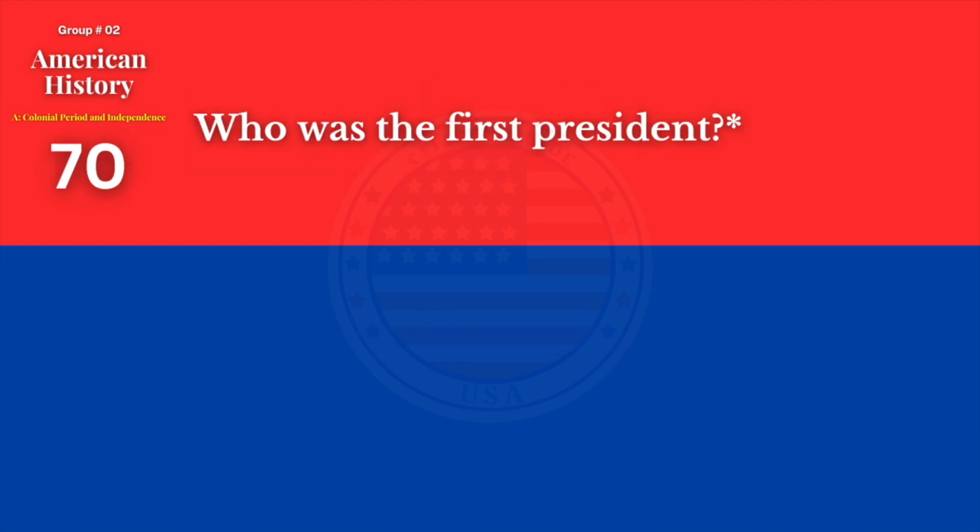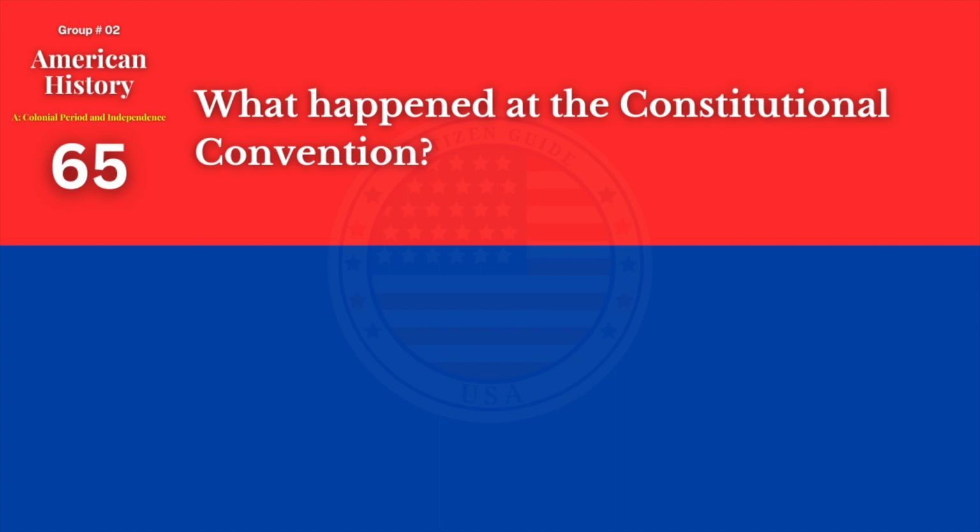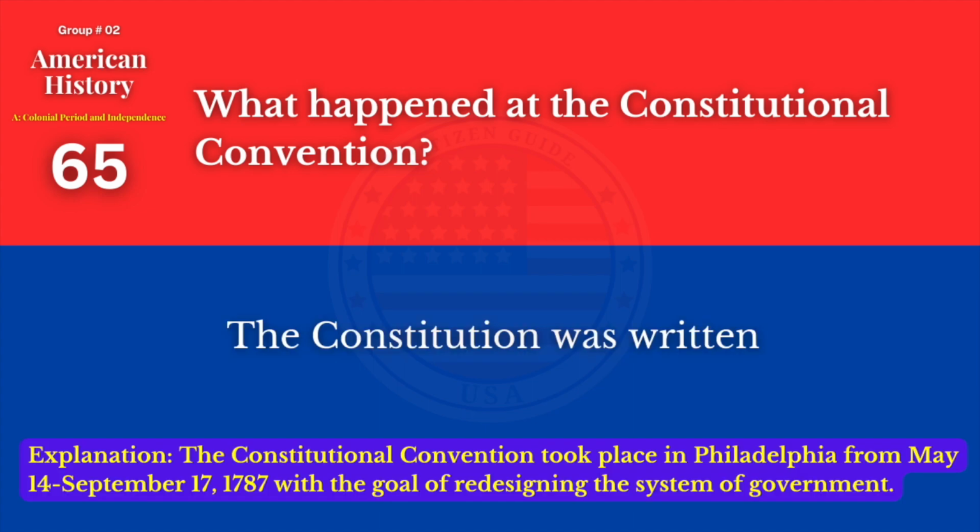Who was the first president? George Washington. What happened at the Constitutional Convention? The Constitution was written.